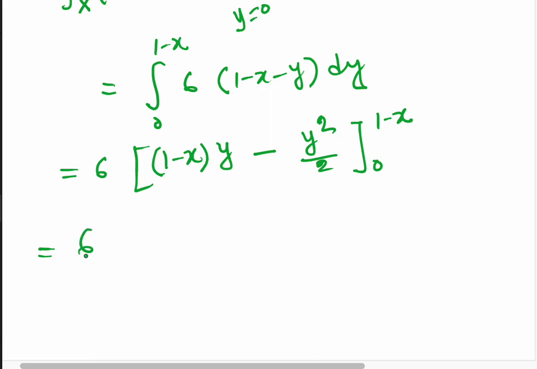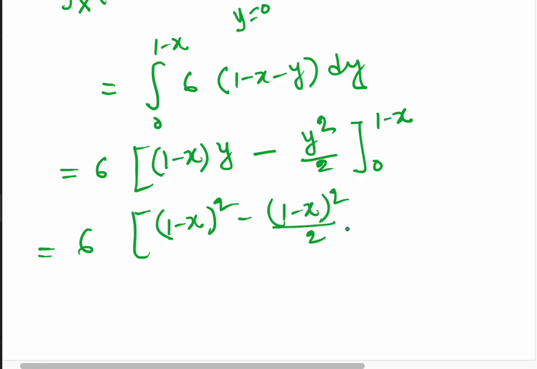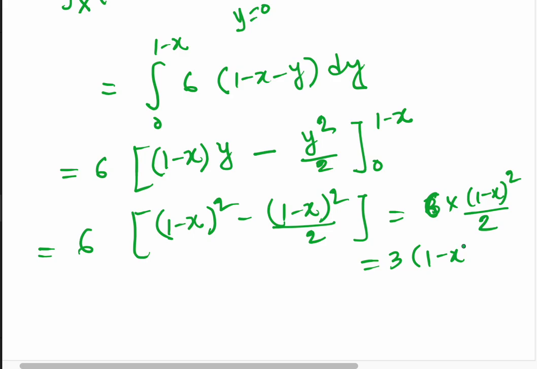So this will be 6 times [(1 minus x) square minus (1 minus x) square by 2]. So this is 6 into (1 minus x) whole square by 2. So this is 3(1 minus x) square.